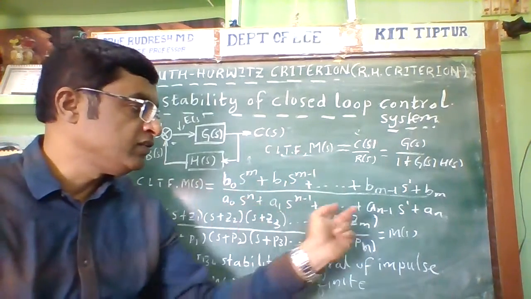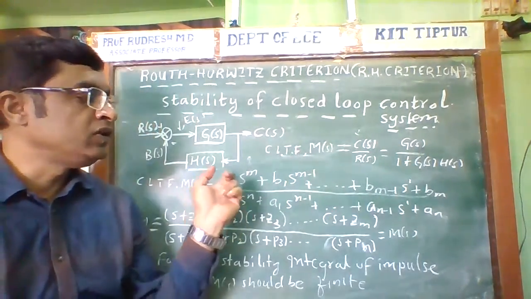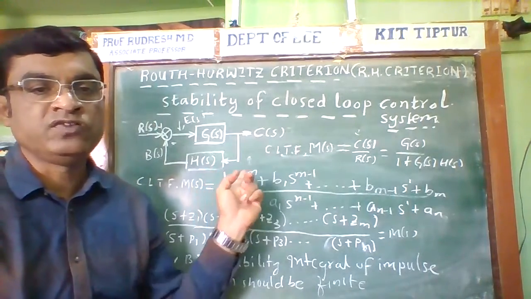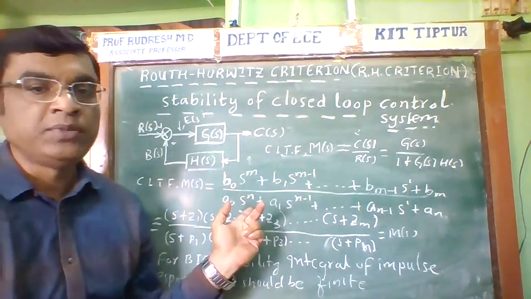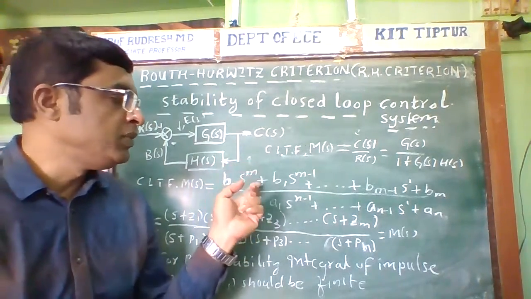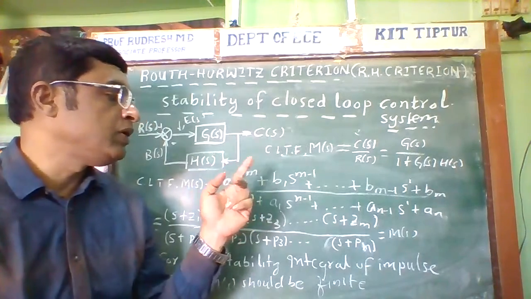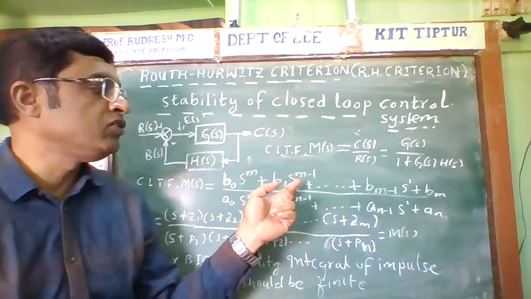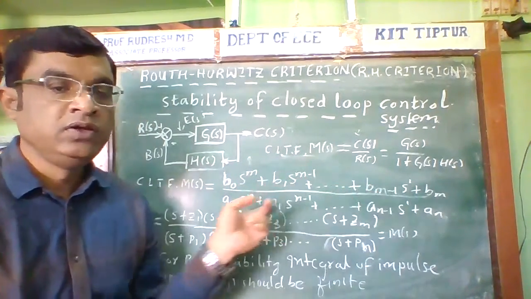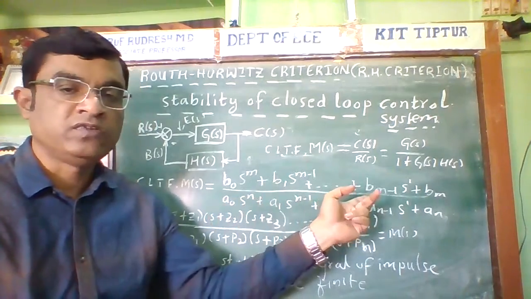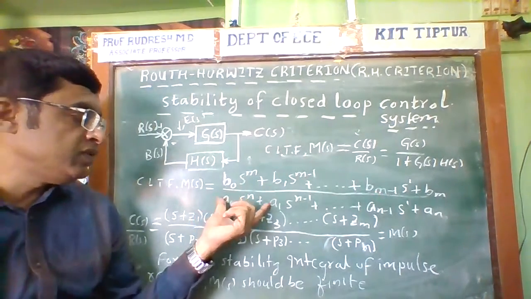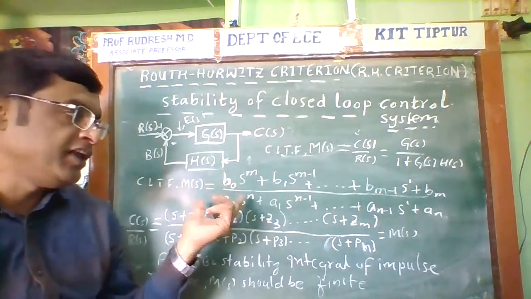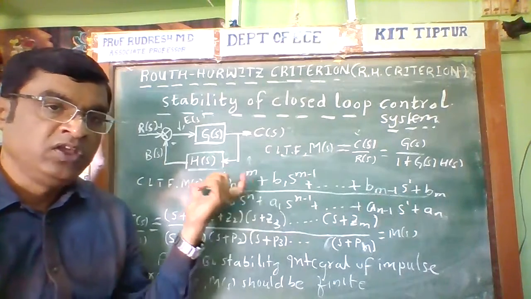Now this is the characteristic equation. This is the generalized form, with a numerator equation and a denominator equation. The numerator is b naught into s power m plus b1 into s power m minus 1 plus, etc. The denominator equation is called the characteristic equation of the system.